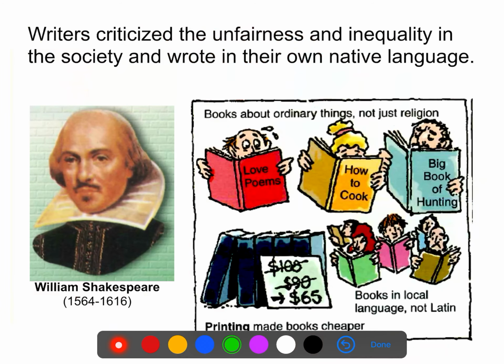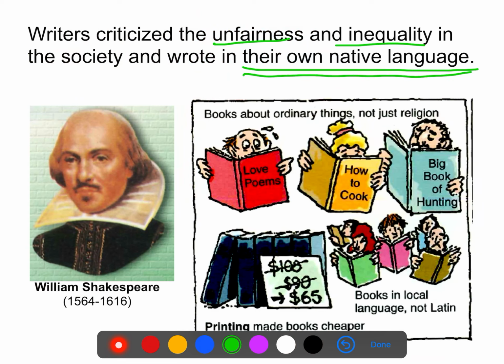At the same time, besides artists, some of the writers criticized the unfairness and inequality in society, and they wrote in their own language. In the past, all the books were written in Latin.